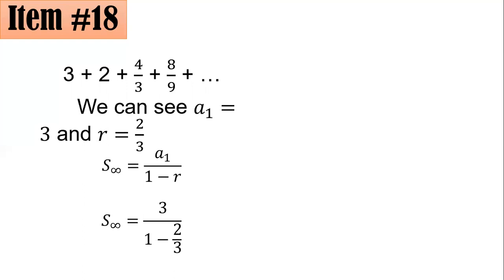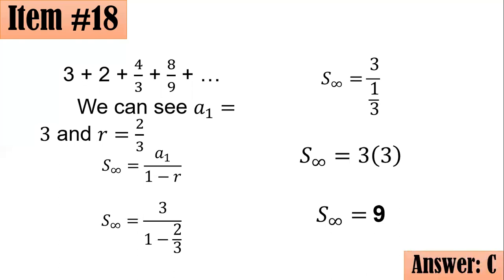But 1 minus 2/3 will become 1/3, and so it will become 3 divided by 1/3. If you are dividing by 1/3, you are multiplying with its reciprocal, which is 3. Hence, you will have S sub infinity equals 3 times 3, and that is letter C, 9.